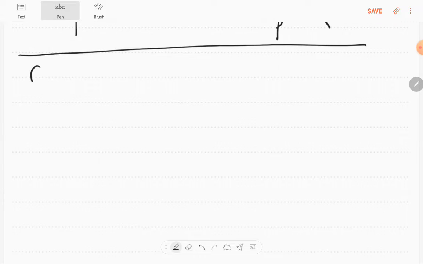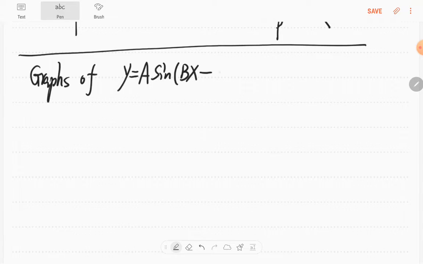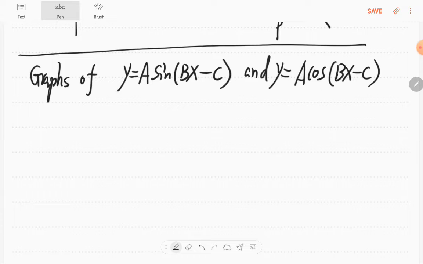So now let's look at the most complicated one, graphs of y equals a sine bx minus c, and y equals a cosine bx minus c.